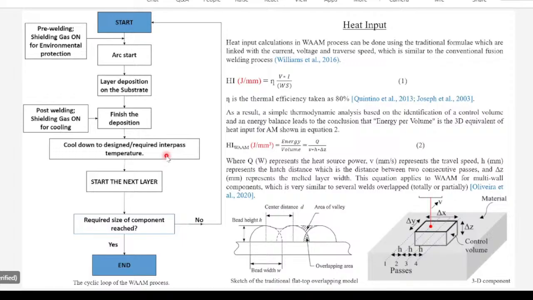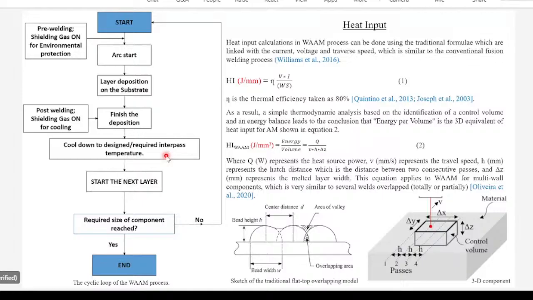As we are laying one bead, one layer over the other, we have to keep in mind that the temperature in between the layers should be the same throughout the building direction. Suppose in the first and second layer, the temperature you are making is 200 degrees Celsius. We have rested the component for 30 seconds, like a dwell time of 30 seconds, and the temperature has reached around 200 degrees Celsius.